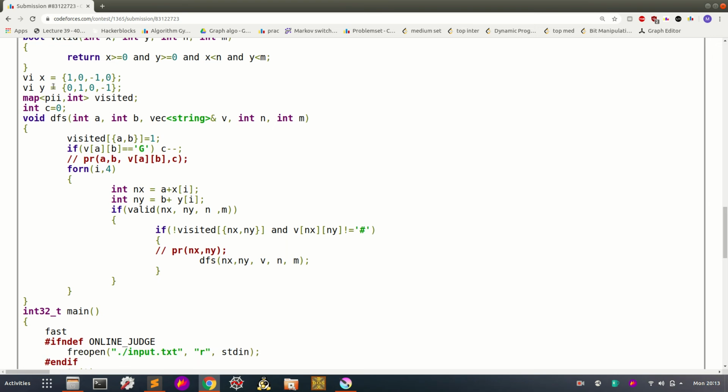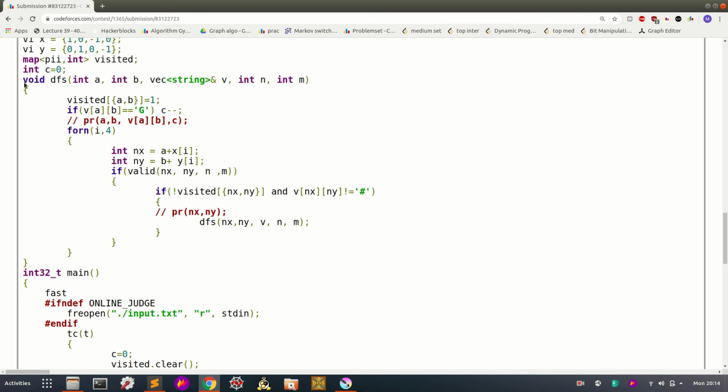Then x and y are two vectors which represent the neighboring cells from any given cell. So if I am at the cell 3 comma 4, then the neighboring cells will be 3 plus 1 comma 4 plus 0, 3 plus 0 comma 4 plus 1, 3 minus 1 comma 4 plus 0, and 3 plus 0 comma 4 minus 1.